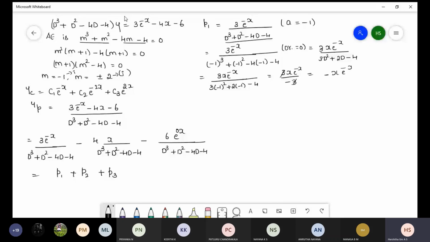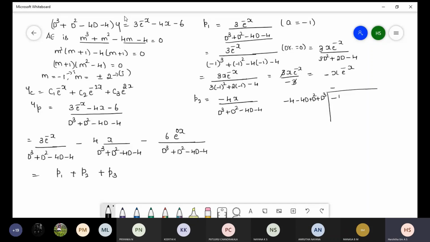Next, P2: minus 4x divided by D cube plus D square minus 4D minus 4. Here we have to use the division method. So I write here minus 4 minus 4D plus D square plus D cube, and I write minus 4x only.